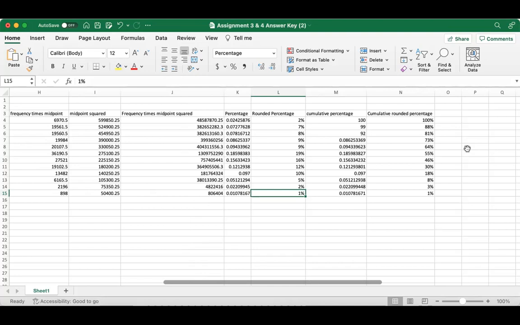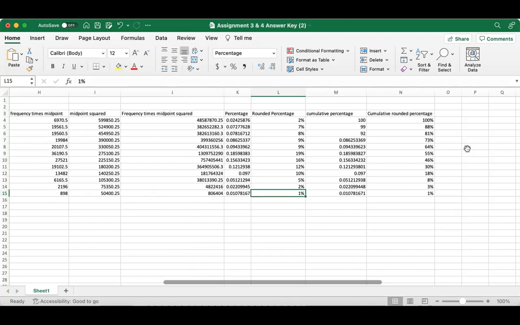The 10%, yep. 12.1%, 12%, yep. 15.6, 16%. 18.6, 19%, yep. 9.4%, not 10, so 9%. 8.6%, 9%. 7.8%, 8%. 7.3%, 7%.